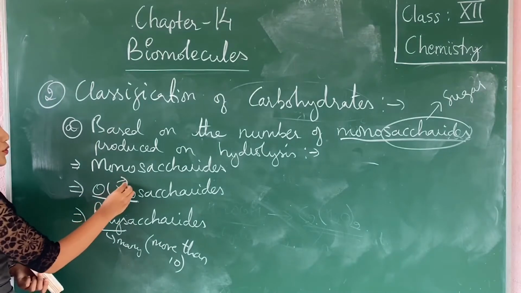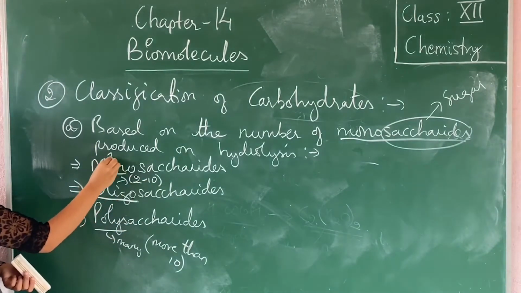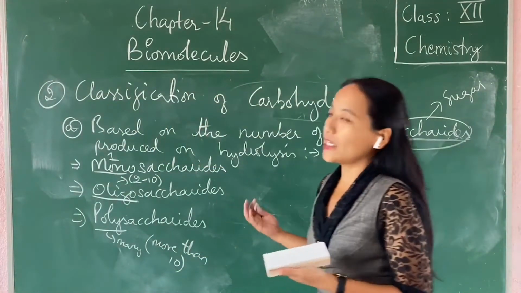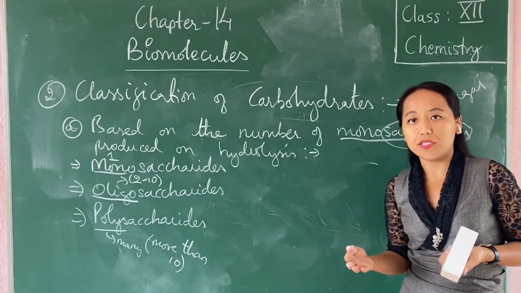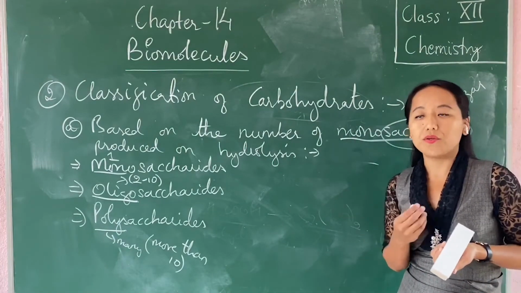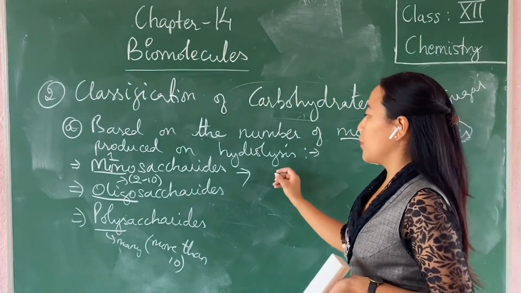Oligo refers to 2 to 10. And mono means just one. So in this case, monosaccharides cannot be further hydrolyzed to give you more monosaccharides, because it is just one unit. So examples of monosaccharides are glucose, fructose and ribose.